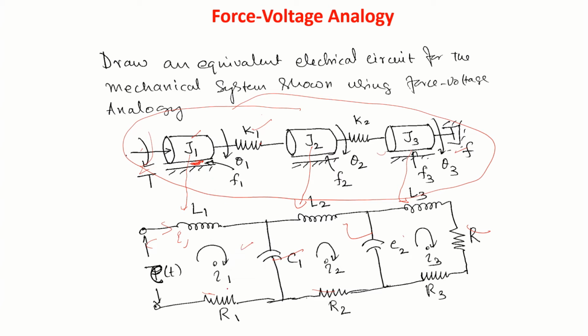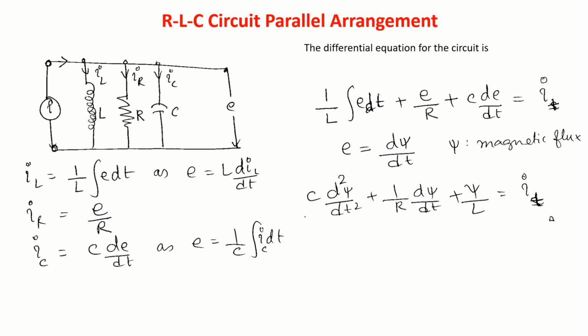Here, this side is theta 1 and this side is theta 2, so the difference in current should flow. This is I1 and the current flowing in this circuit is I2, so the current flowing here is I1 minus I2. That's how we can draw the circuit.